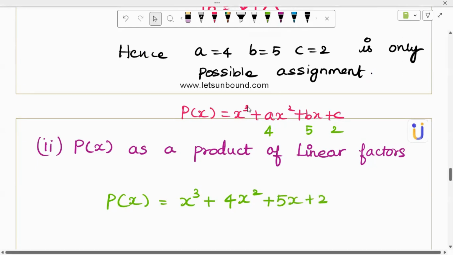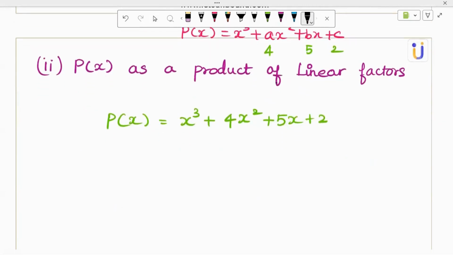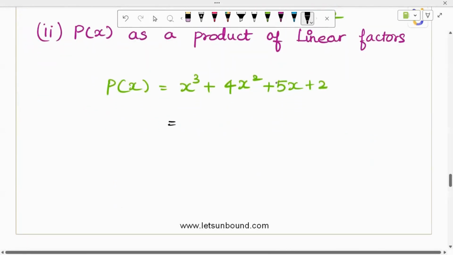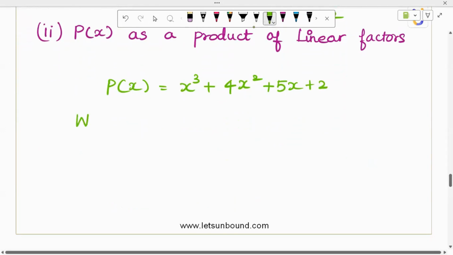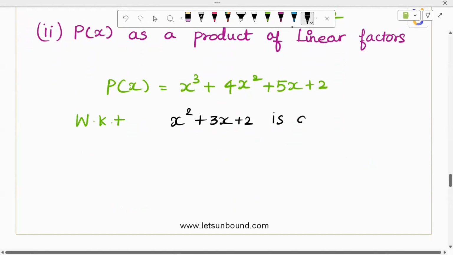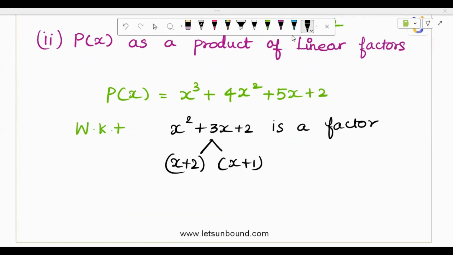They have mentioned that x plus 2 and x plus 1 are factors, so x square plus 3x plus 2 is a factor, and you can express this as x plus 2 into x plus 1. This we have already covered, we are just reiterating it.